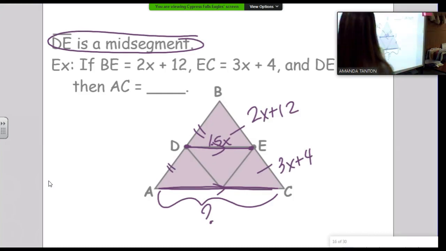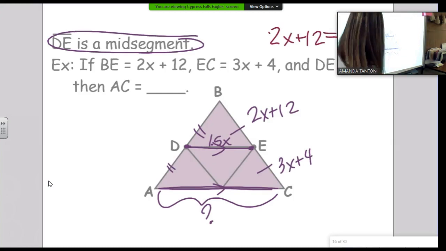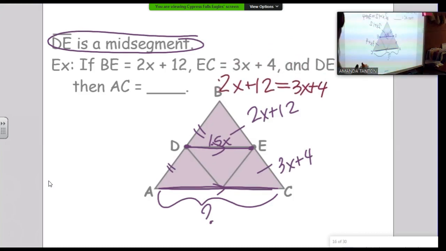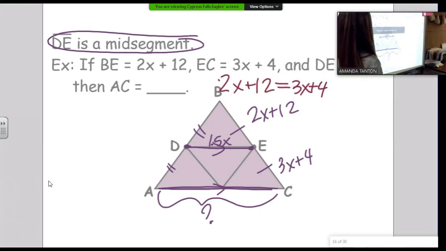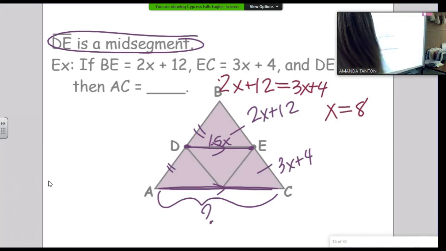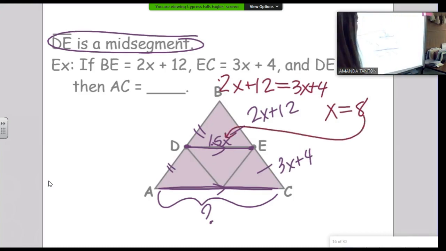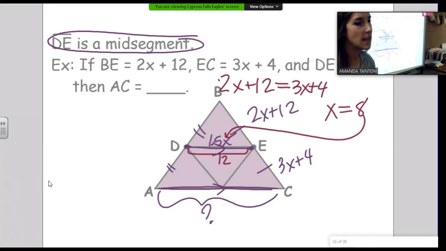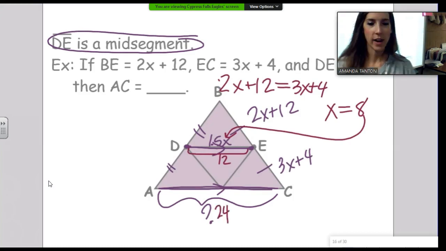Which ones equal each other? 2x plus 12 equals 3x plus 4. So if I solve for x, x is 8. Then we're going to plug it in. We're going to get DE is 12, making AC 24.